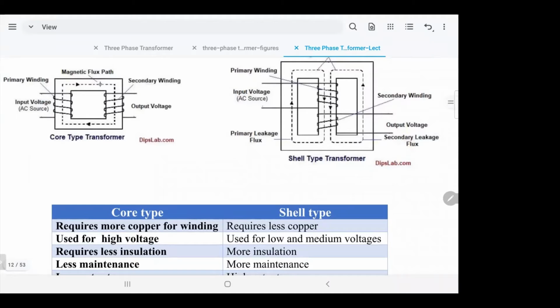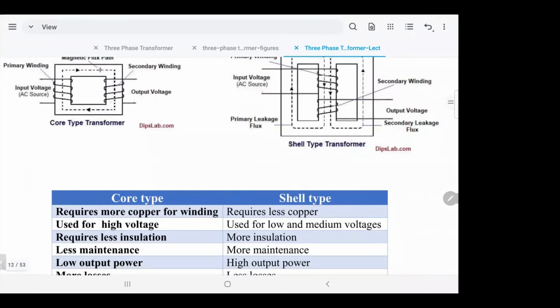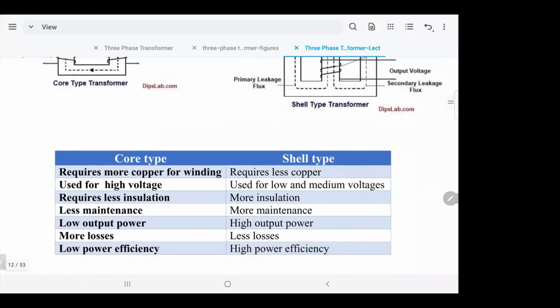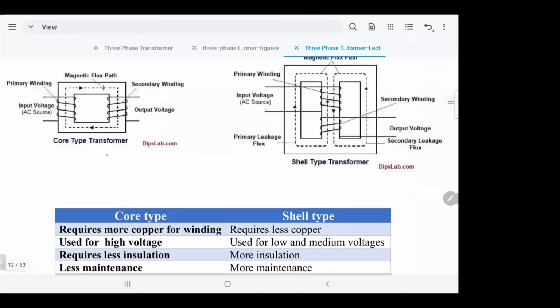You prefer this for high voltage and this one for less than high voltage. That one doesn't need more insulation. This one needs more insulation. The output power is low, the output power is high. The loss here is more, because when you have the flux linking here and the leakage is minimal, you can save power. So it's more efficient.